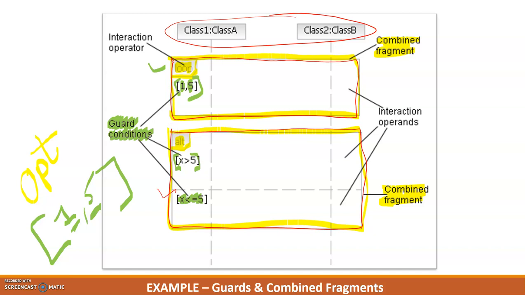So this is about the guards and the combined fragments. This you can apply in your design wherever there is a loop-style thing or a conditional type of thing. You can use this, right? So this is about the guards and the combined fragments.